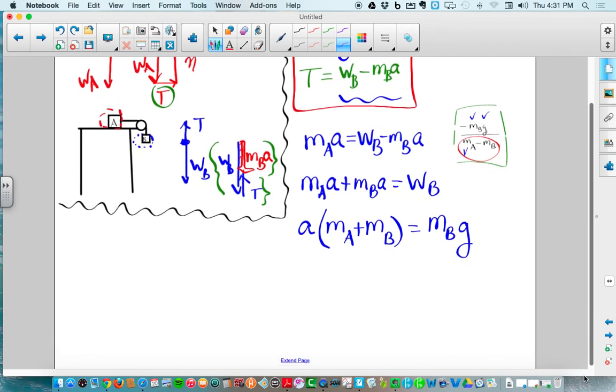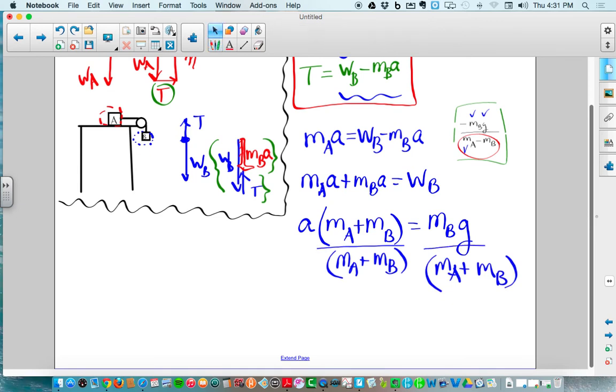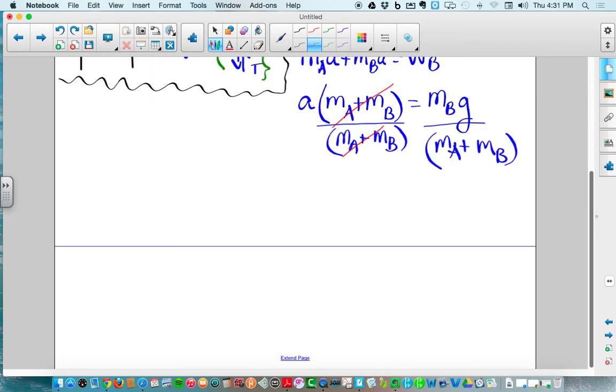And then you divide both sides by mass of A plus mass of B. On this side, this divides into this to make 1. And you get an acceleration of mass of B, G, divided by mass of A plus mass of B.